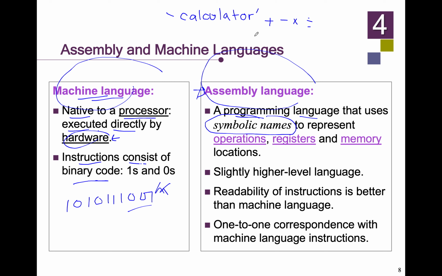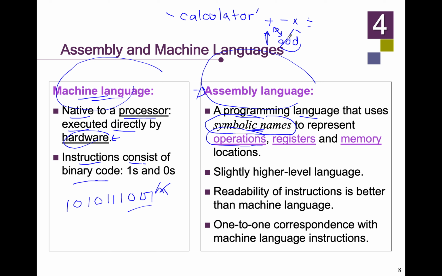All of these normally use a symbolic name that represents the operation. What symbolic name? Normally you will use ADD, isn't it? To represent addition in your source code.